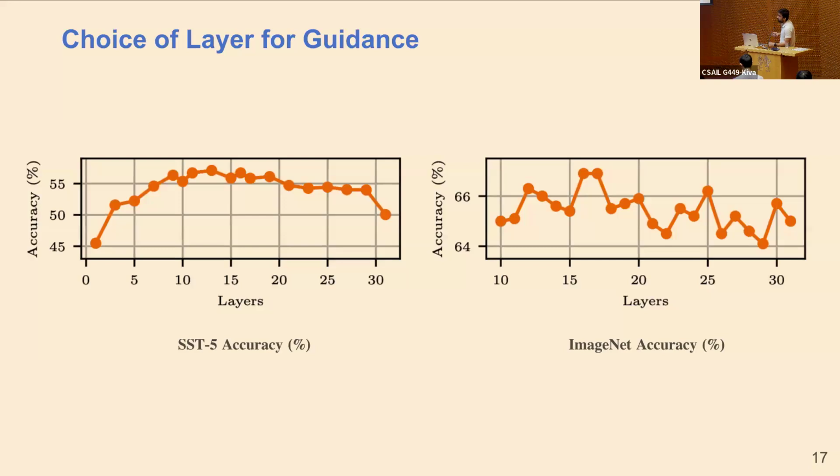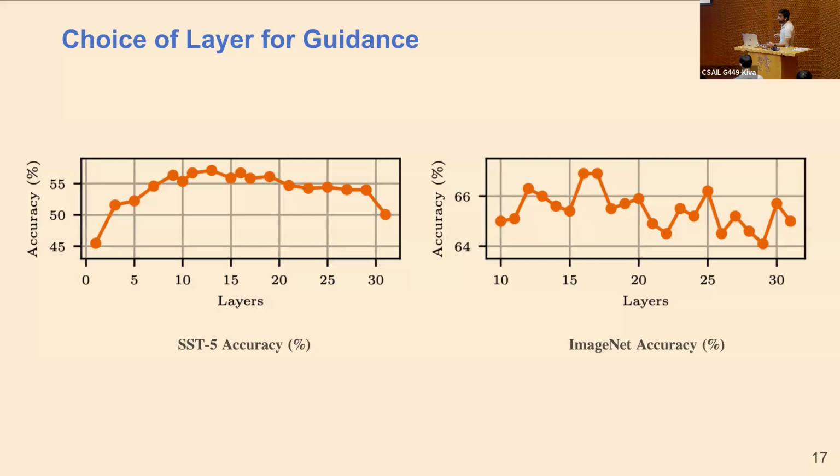Here on the left we linear probed different layers in Llama 3 for the sentiment classification task, and we found that the middle layers gave better accuracy.